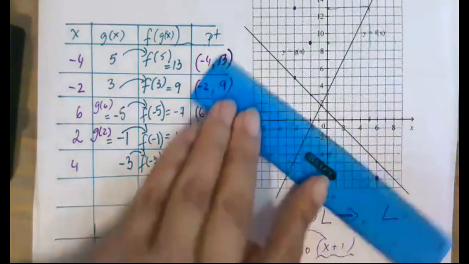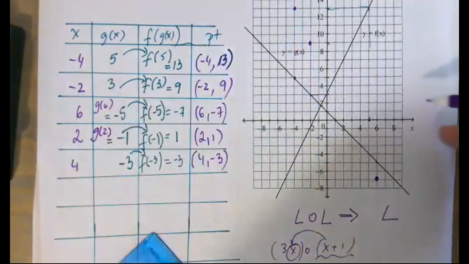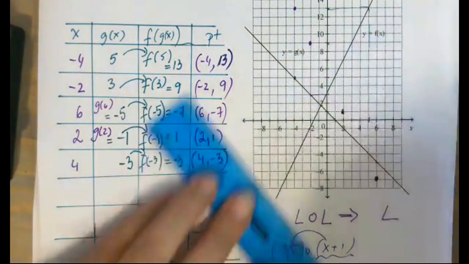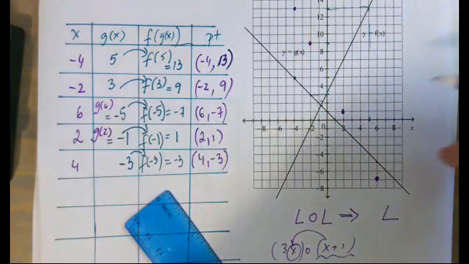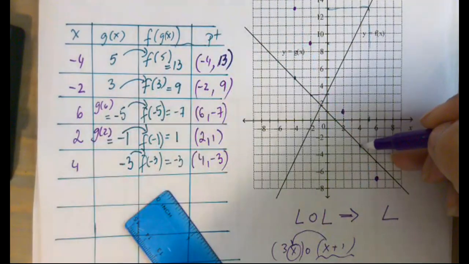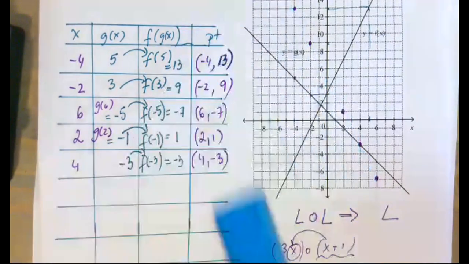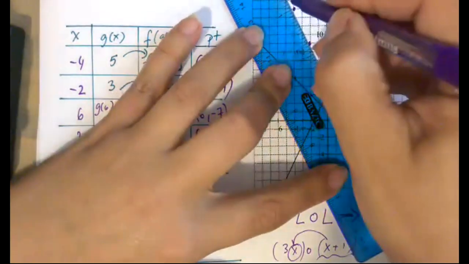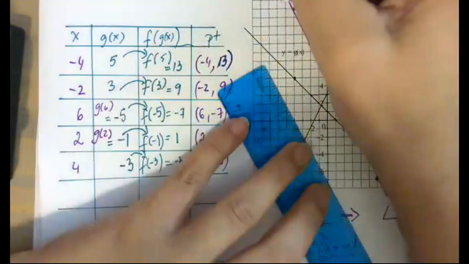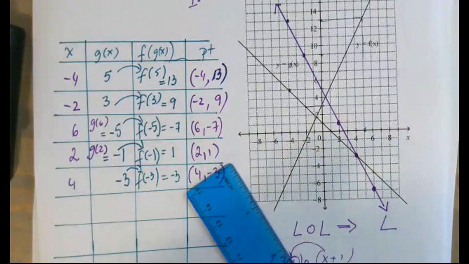So far, so good. 2, 1. Four, -3. So far, so good. So they're all on the same line. Does anybody else want to try these ones? The composition? Because it is a little bit harder than operations of functions.